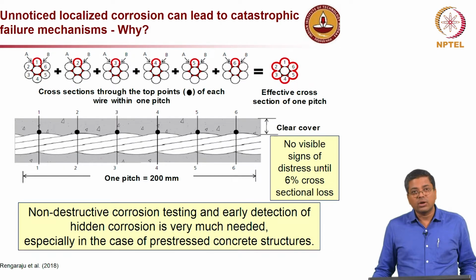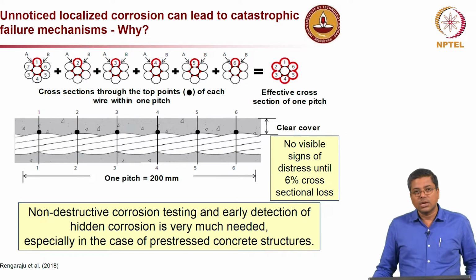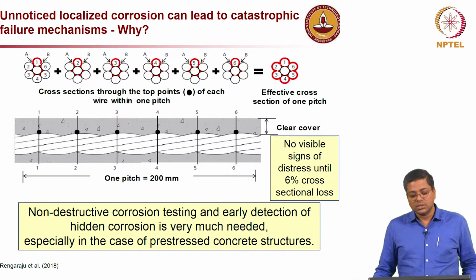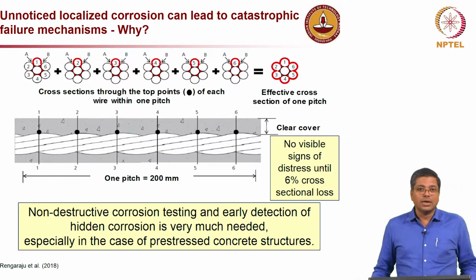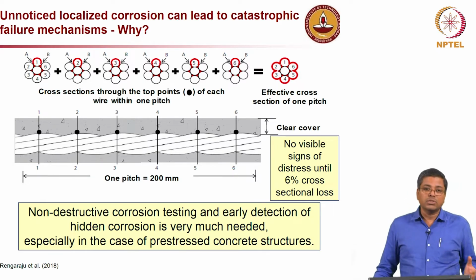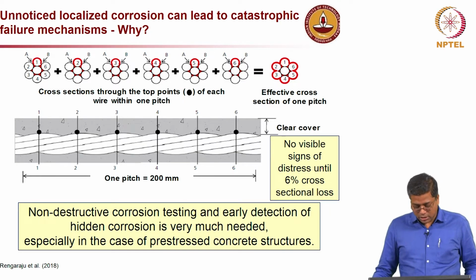So, it is very important for pre-stressed concrete to employ non-destructive testing and detect corrosion as early as possible, because once corrosion starts, it is very dangerous. We have to take a preventive maintenance approach for all concrete structures. We must be able to detect corrosion as early as possible, or even before, if possible, to judge when it will start corroding, so that we can take preventive measures.